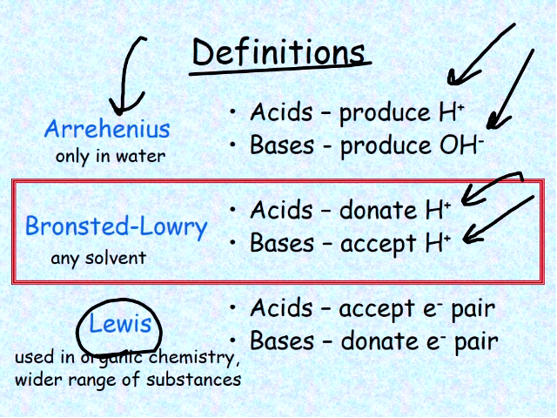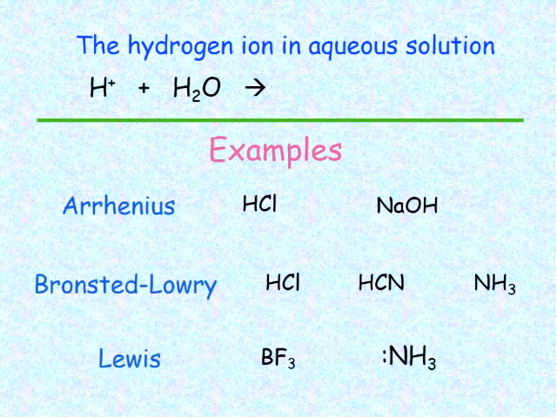And the Lewis one uses electrons instead of hydrogen, so the electron movement. This is important when it talks about hydrogen movements across your body. The ones we're going to mostly look at are H positive and OH negative.